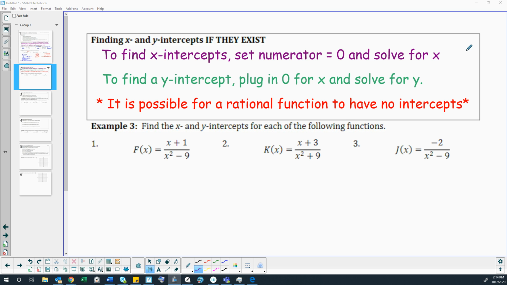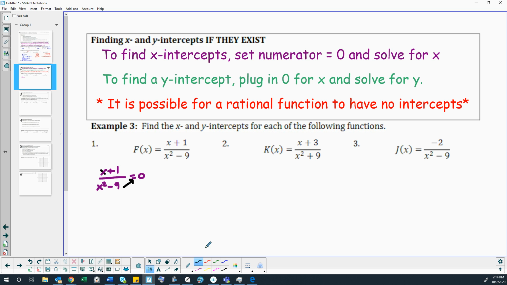Okay, so to find x-intercepts, we just set the numerator equal to 0 and solve. Why not the entire fraction? Well, let's talk about that really fast. If we take the entire fraction, x plus 1 over x squared minus 9, and we set that equal to 0 like we normally would to find an x-intercept, we would then cross multiply this times this, and what happens when we multiply by 0?